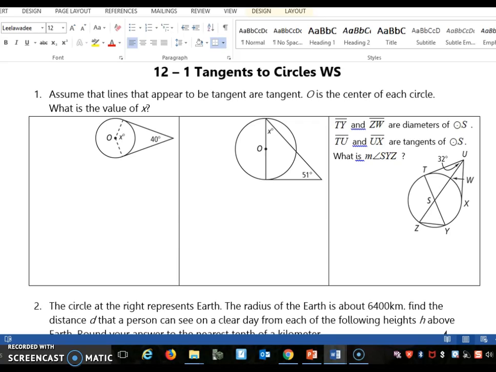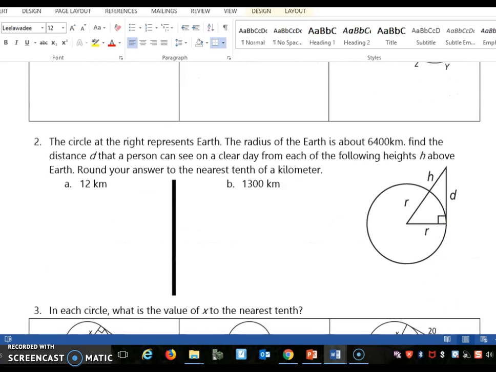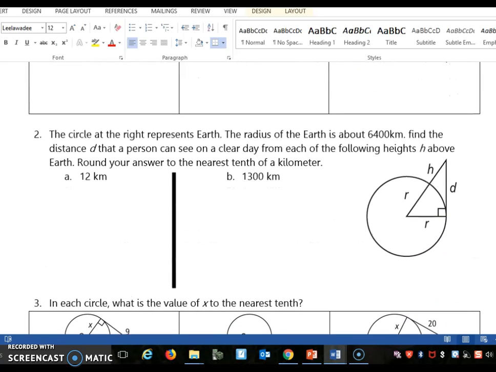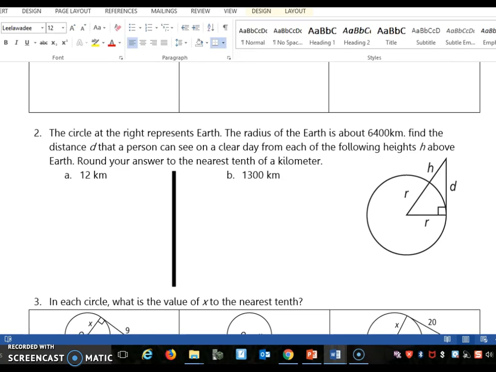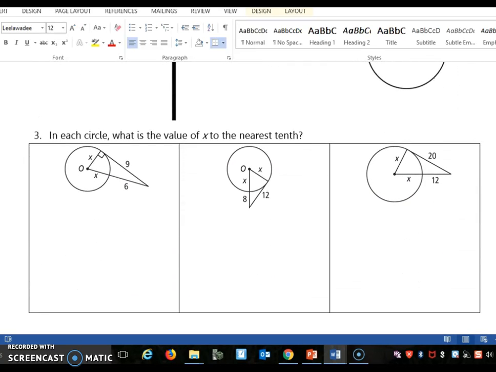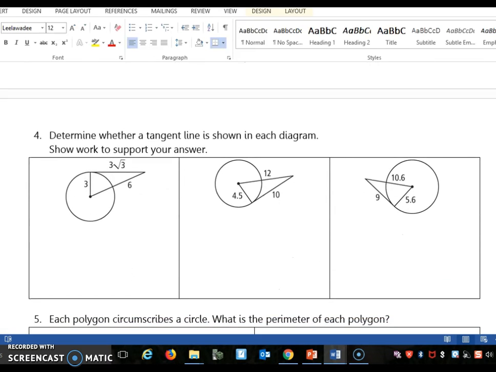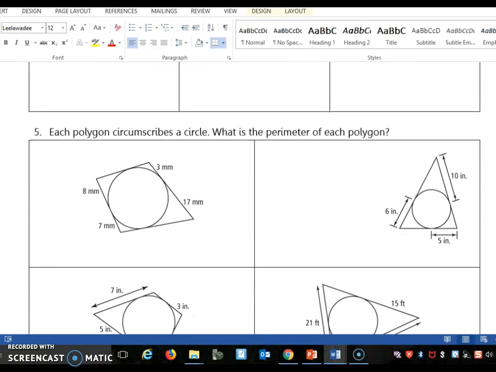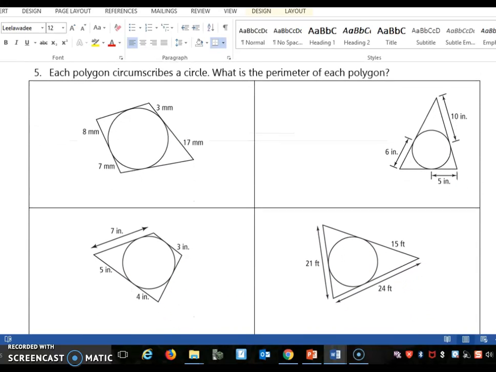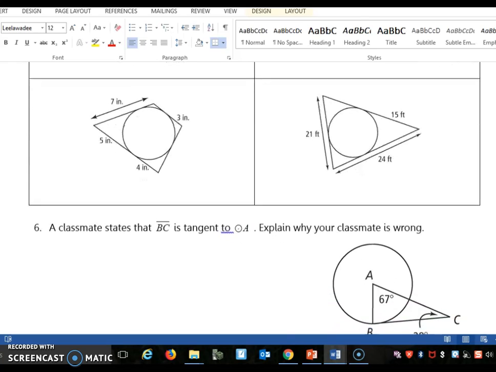And then skip number 2. So don't do number 2. And I want you to do number 3. These 3. And then skip number 4. I want you to do 5. All 4 and 5. I want you to do 6.